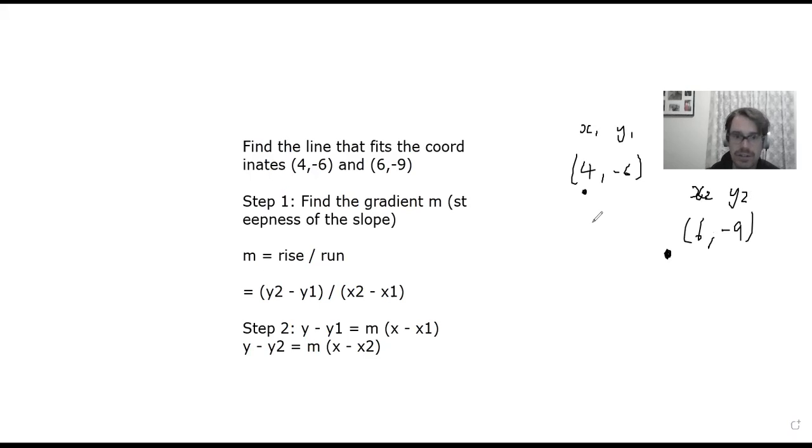Now we're going to look for the gradient, which is the rise over run. The rise is this part, and it's not really a rise because we're going down, so it will be negative. And the run will be this part.